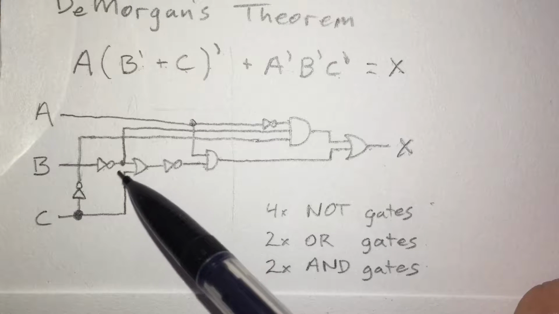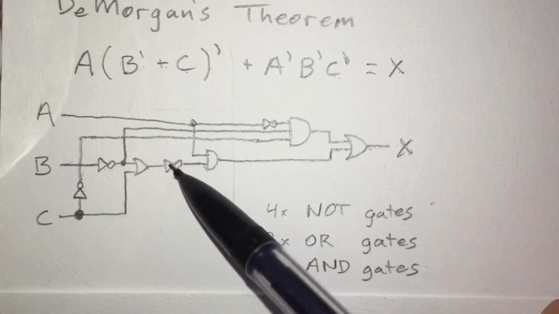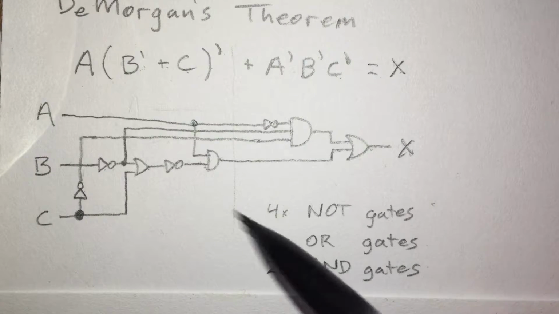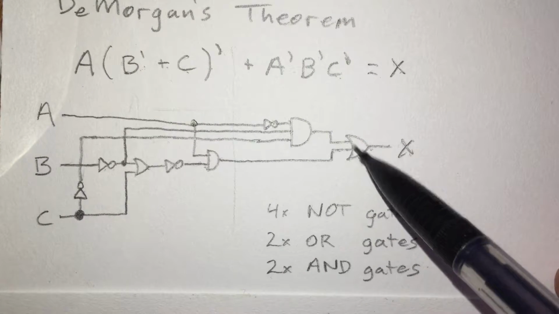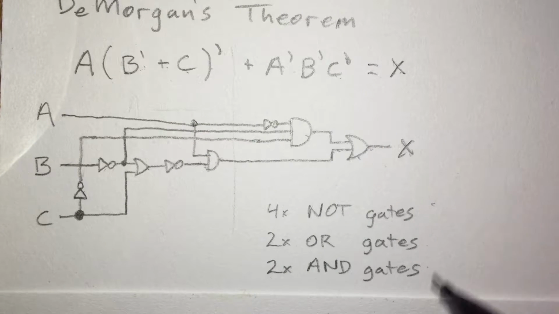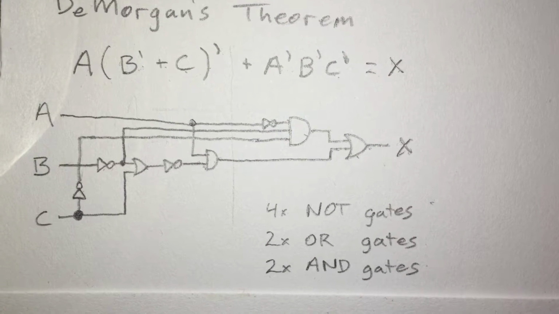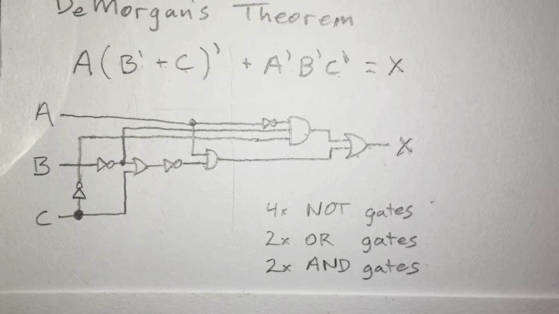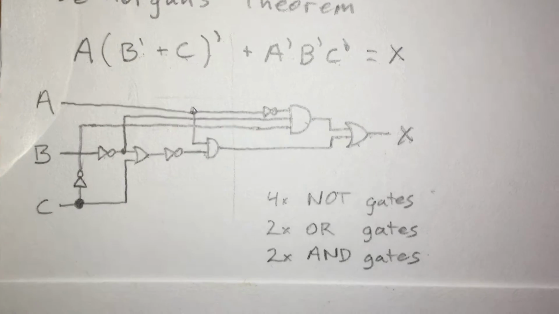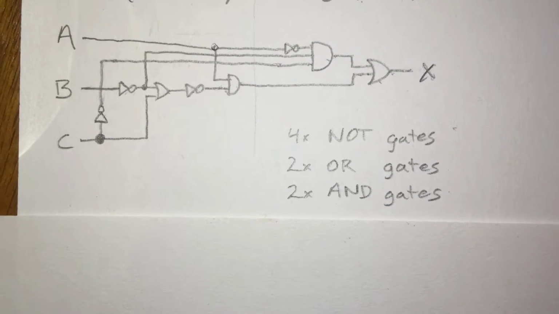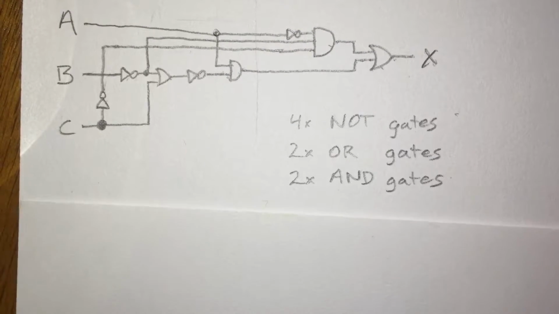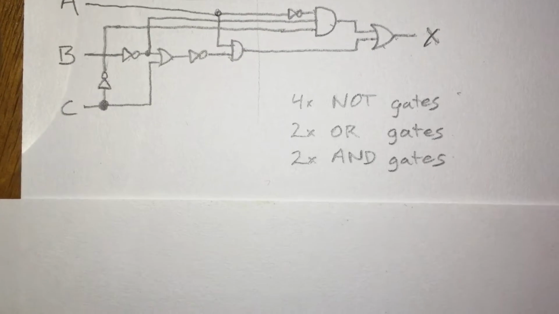But you can see here we are using 4 NOT gates, 2 OR gates, and 2 AND gates. Now we want to simplify this, and simplify we shall, using DeMorgan's theorem.